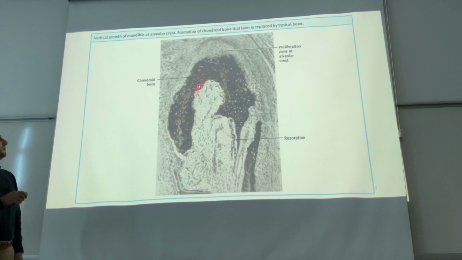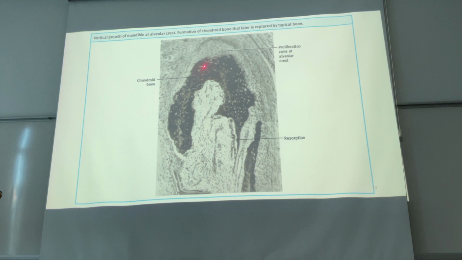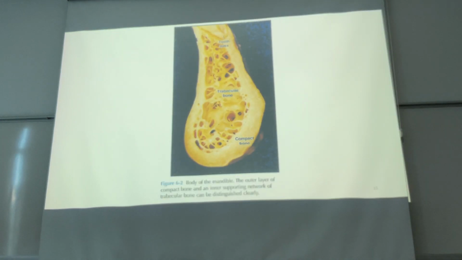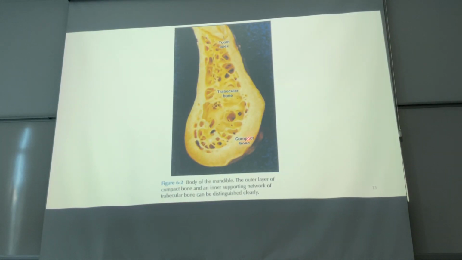Here you can see our newly formed bone, and this part is our cartilage structure. Here again you can see the fibers, Sharpey's fibers, starting to invaginate into the bone tissue. Here you can see our alveolar bone, after the compact bone, the trabecular or spongy bone, and on the apical side you can see the tooth cavity.